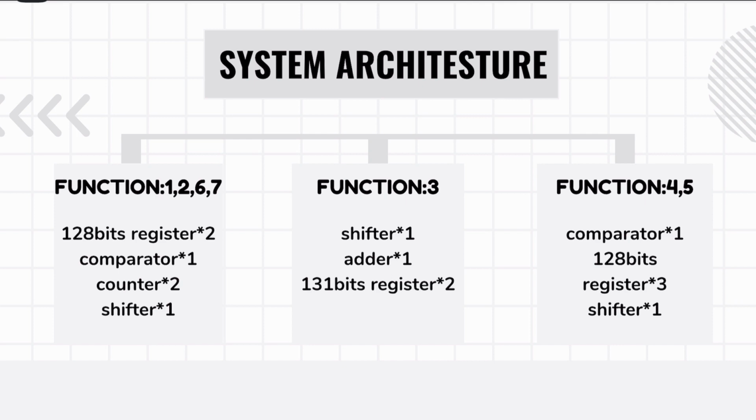Page 3, we are going to discuss the circuit architecture of the current design, detailing the functionality corresponding to each component. We will categorize them into three main types. The first type, including functions 1, 2, 6, and 7, employs a shift register to handle the 12-bit value as input.